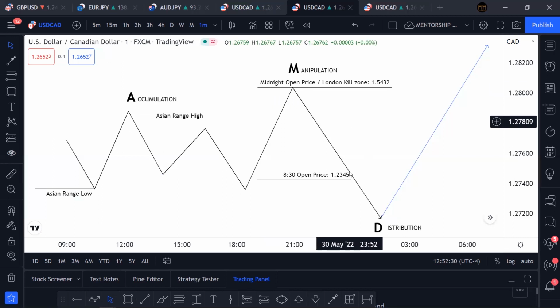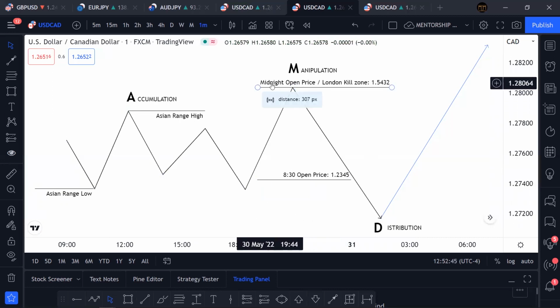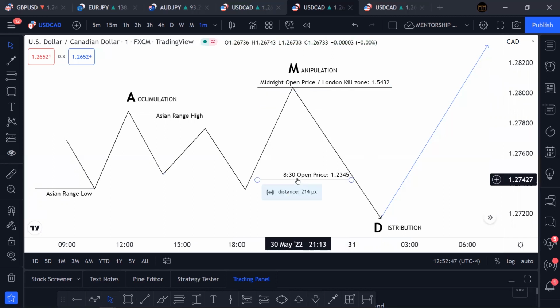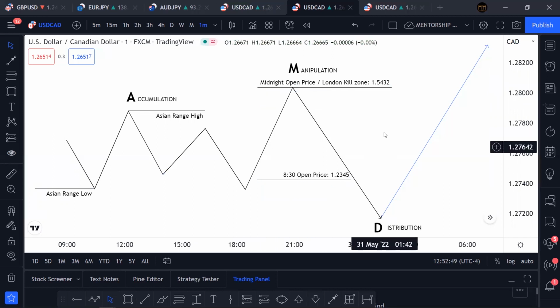If the New York open, the 8:30 in the morning, occurs and we are below both the midnight open price and the 8:30 open price, that day we are going to be bullish.